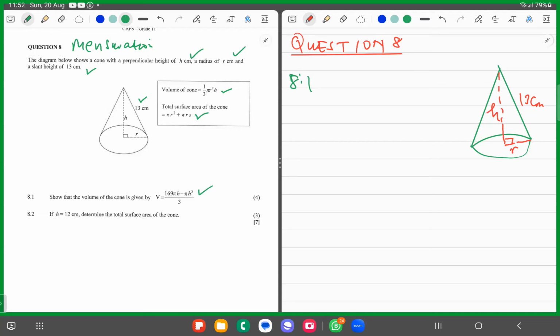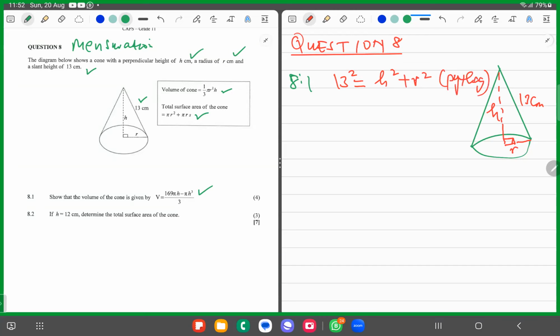Now we can use Pythagoras theorem, because this is a right angle triangle, the red one. It tells us that 13 squared is h squared plus r squared. That is Pythagoras theorem.